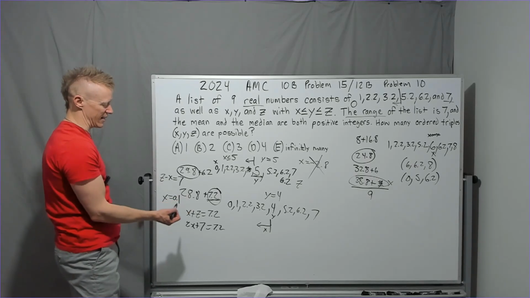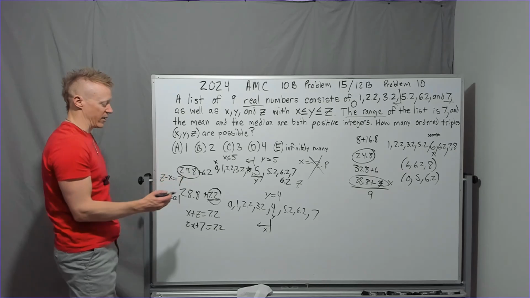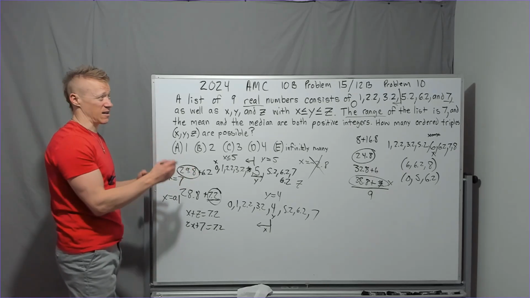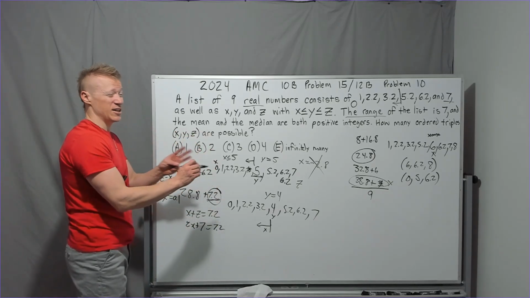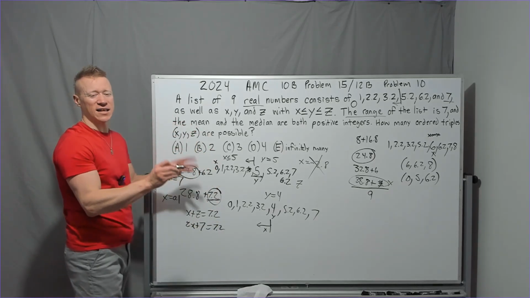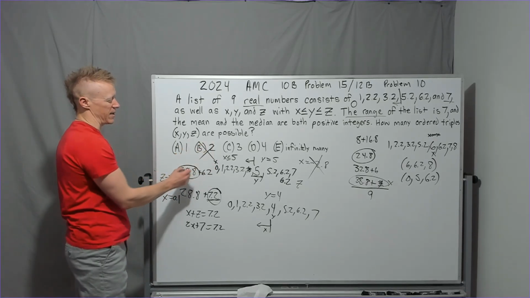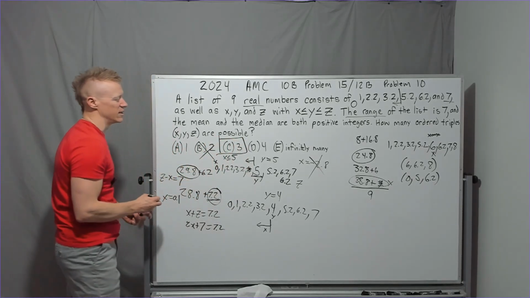I just looked at it and said, well, I don't know, it just came to me. I just said 0.1 and 7.1 would do it, wouldn't it? And then that made sense. 7.1 minus 0.1 was 7. 7.1 is the largest. You got to keep checking all the little things that could trip you up and get it wrong. And so that's going to move you from the trap answer of 2, to the real answer of 3.